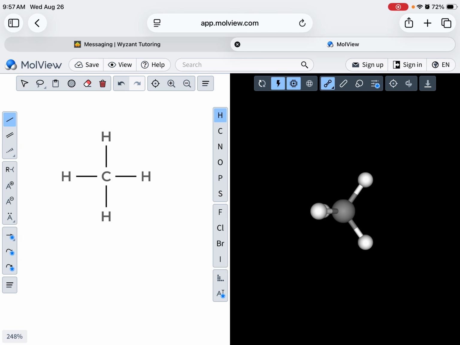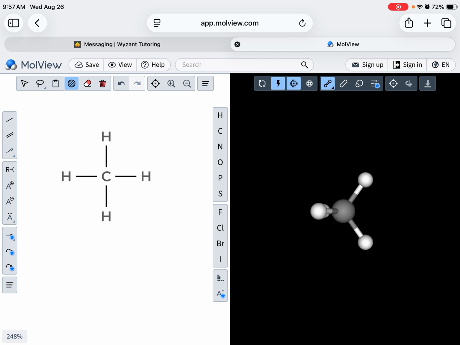So even though I drew methane on the left here as a Lewis structure and all 4 hydrogens are in the same plane of the atom, that's not true, because take a look at the ball and stick figure on the right. What we're representing is a tetrahedral geometry.